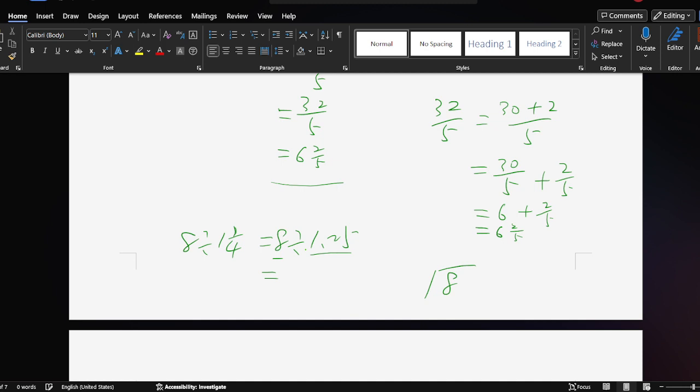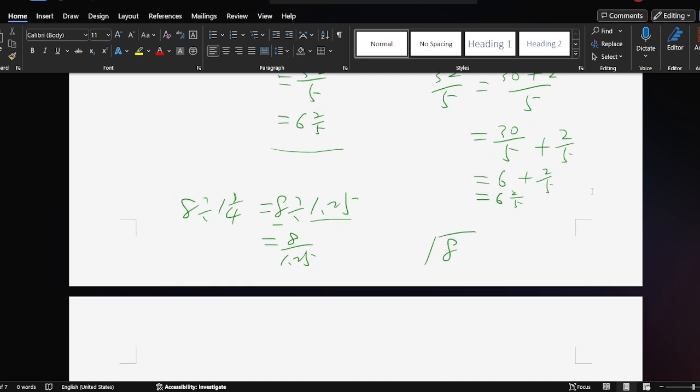So this dividend is 8 over the denominator 1.25. We should write 8 over 1.25. Because the denominator is a decimal, we change it to an integer. Times 100 over 100.